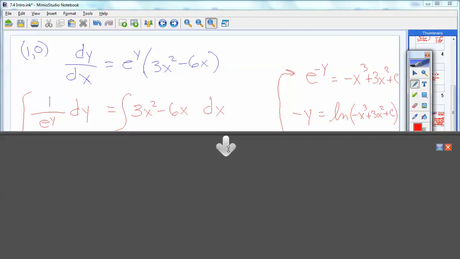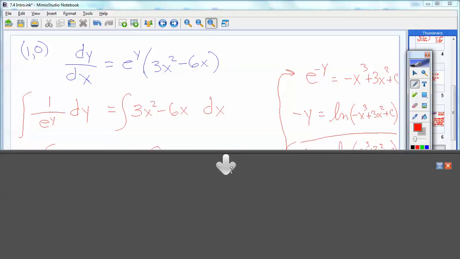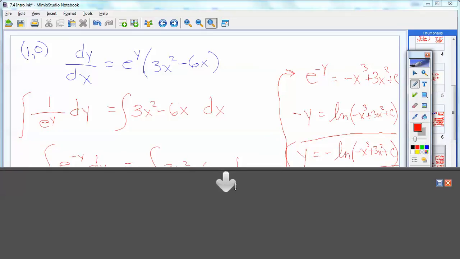So you do the ln of both sides. Then what? Divide by -1 or just multiply by -1, either way. So you get y equals negative natural log of the quantity negative x cubed plus 3x squared plus c.